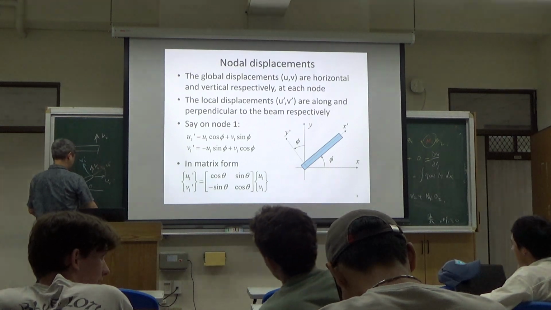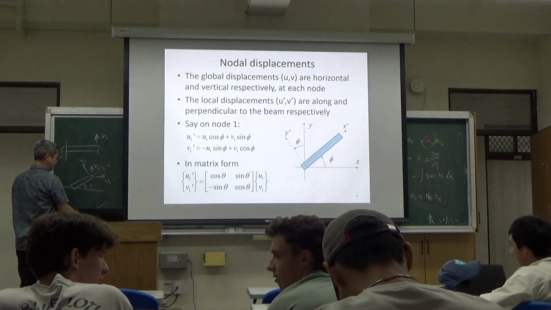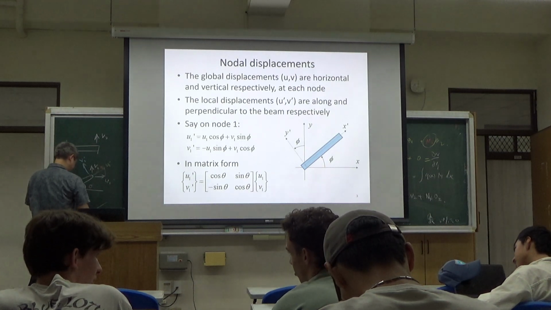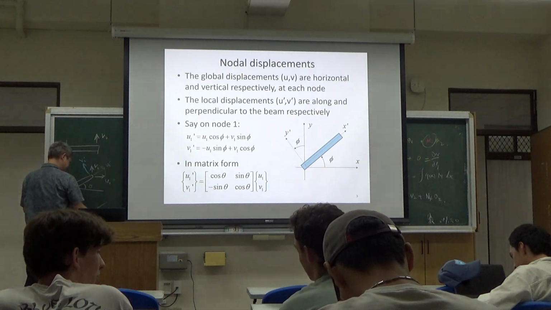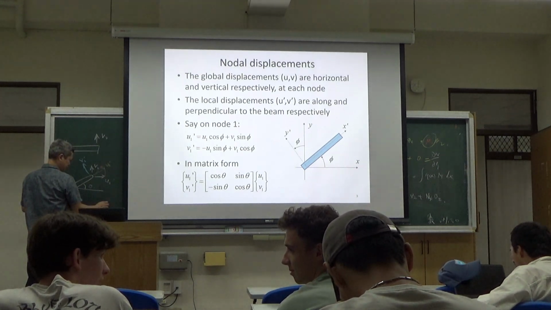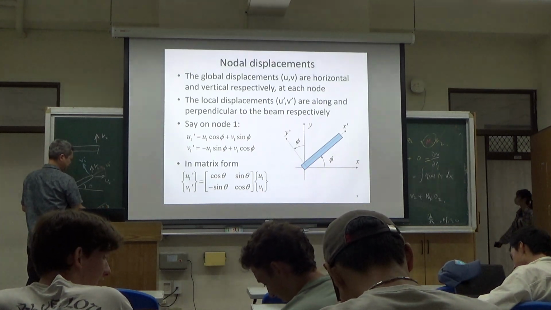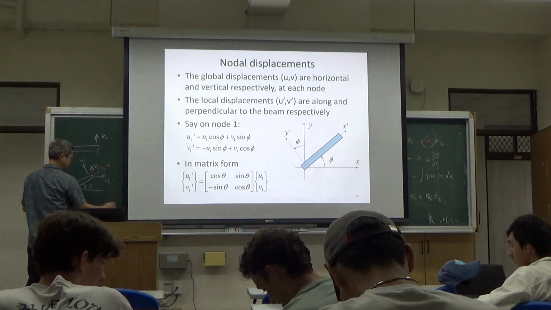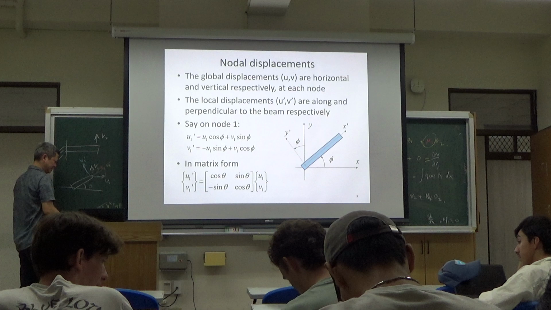Okay? What are projections? If I now draw this as a theta axis, the displacement in the horizontal direction can be projected to be vertical component. If this is U1, this is U1 sine theta, vertical to the axis.